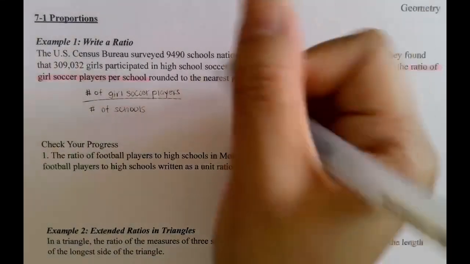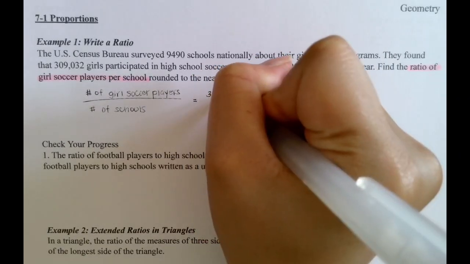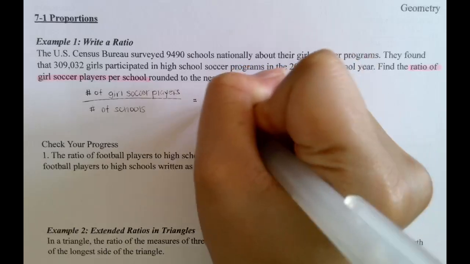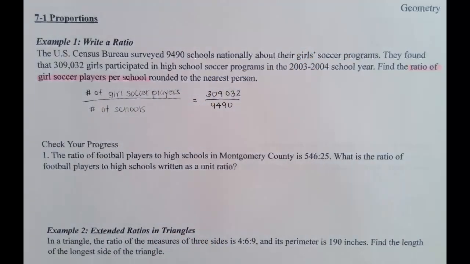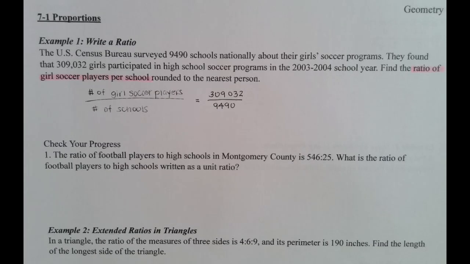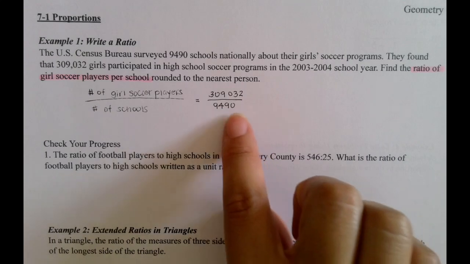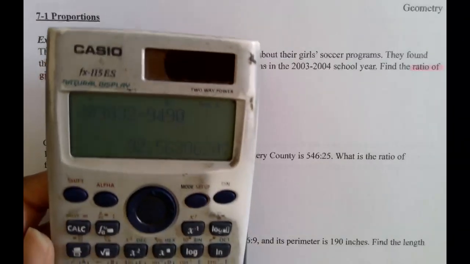So here we have 309,032 girls, and we have 9,490 schools. We're going to simplify this by dividing by 9,490 so we know how many there are per school. 309,032 divided by 9,490 is about 32.56.